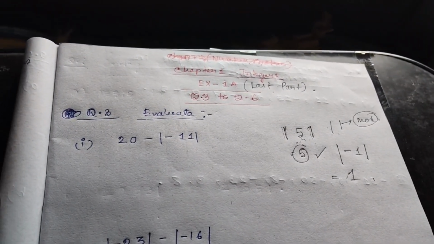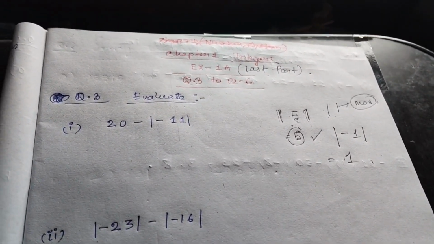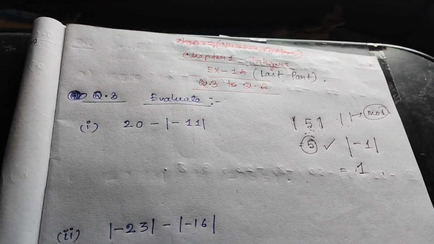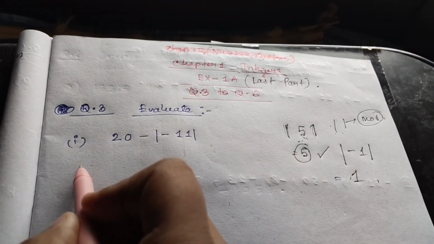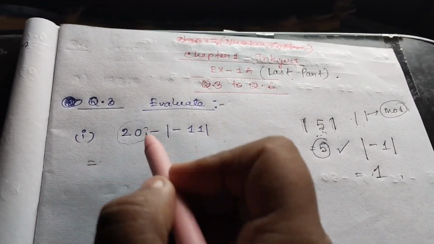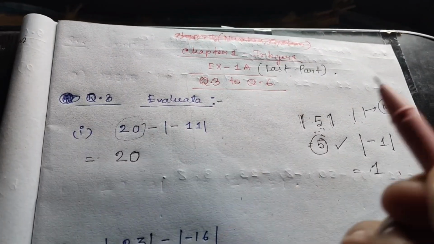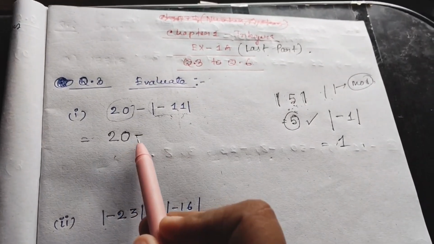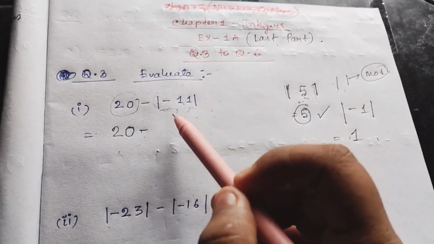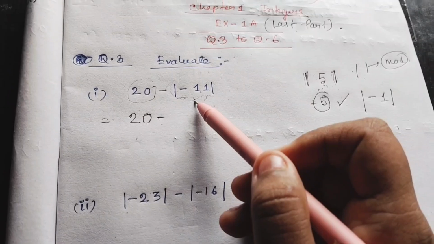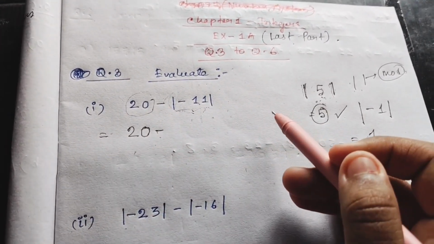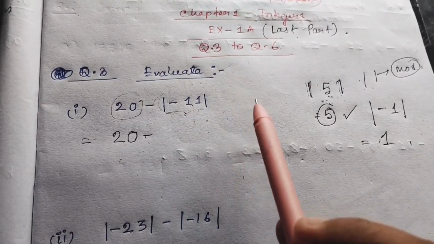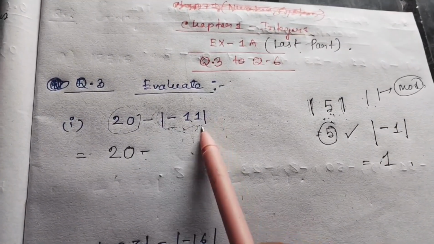So what have you understood? In the case of mod, whatever the value in this mod, that will give us the positive value. In this case there is no mod outside, so 20, I have to write this in the normal way. 20 minus, and you can see in this mod we have a negative value, minus 11.